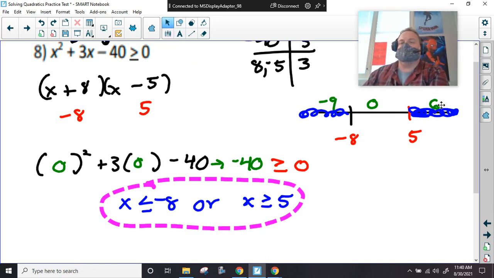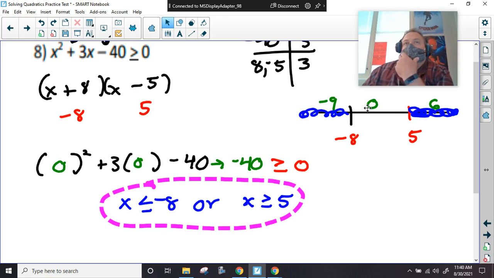Okay, so these numbers right here, what you missed, which was on the video from Thursday, if you go back and look at Thursday's folder, is I had to take test points in each one of these little sections. So what's a number less than -8? -9. Okay. What's the number between -8 and 5?